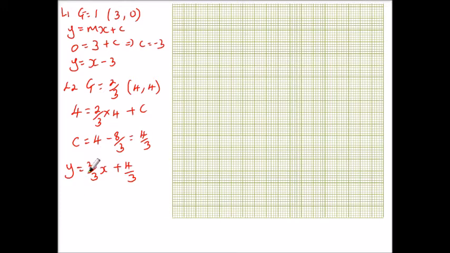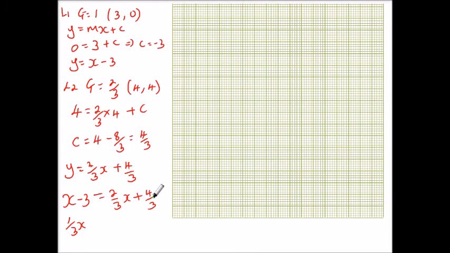So you know where the two lines meet, the value of x and the value of y are equal. So you can say x minus 3 should be equal to 2 over 3 x plus 4 over 3. You take the 2 over 3 x to the other side, it becomes negative, so that will give you a third x. The minus 3 goes to the other side and becomes plus 3.